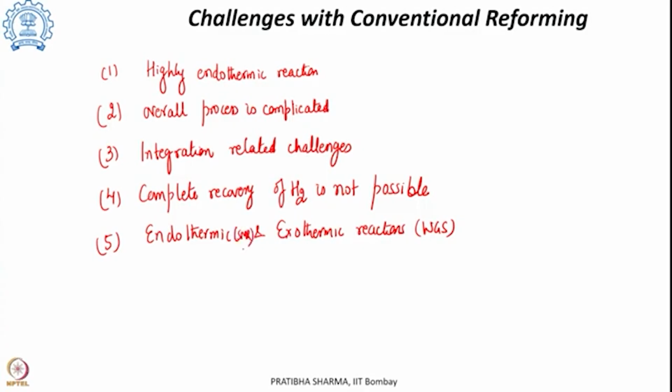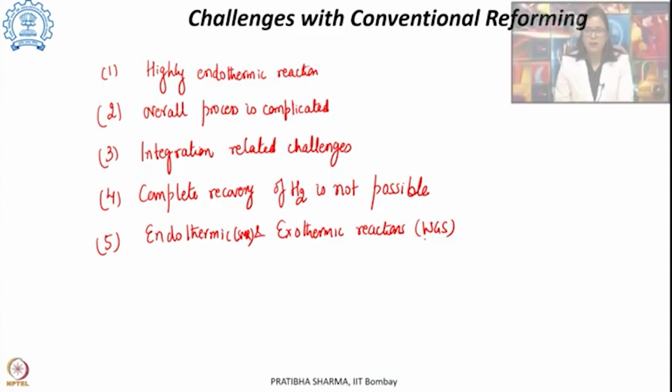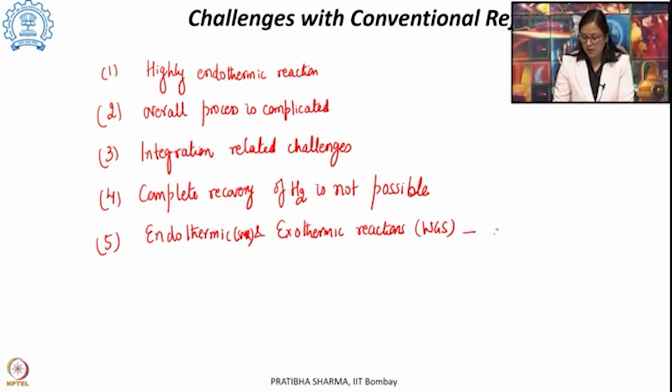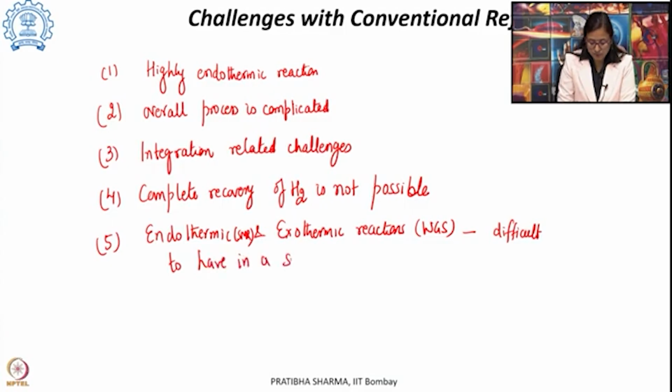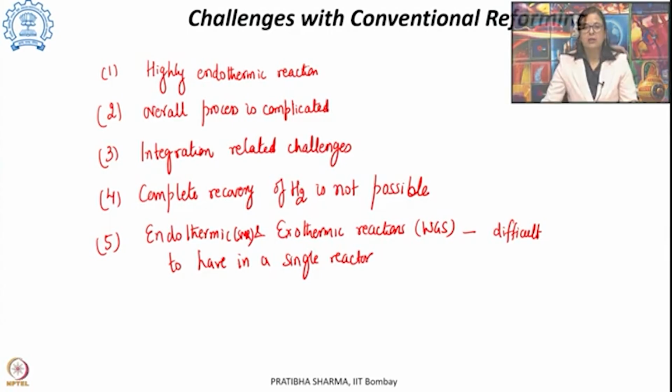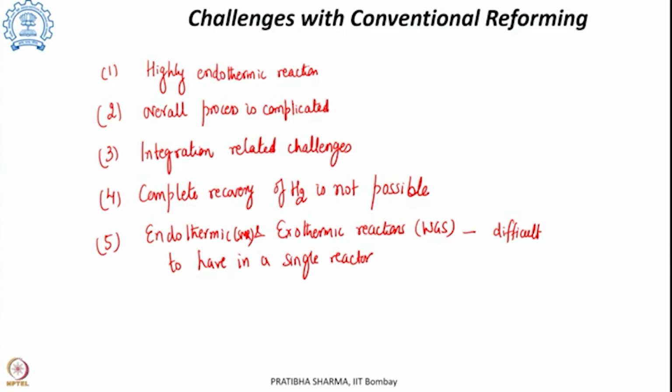To have these reactions in a single reactor under normal operating conditions is very difficult. Besides these, we have also seen that in the conventional reforming method, there are chemical equilibrium related limitations.